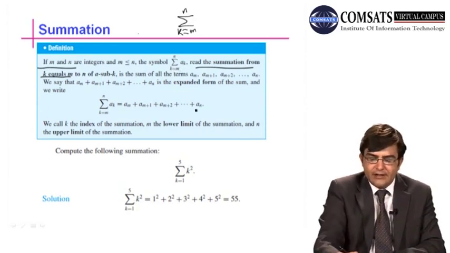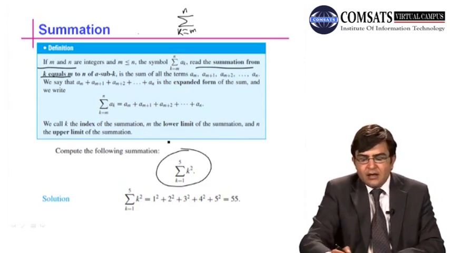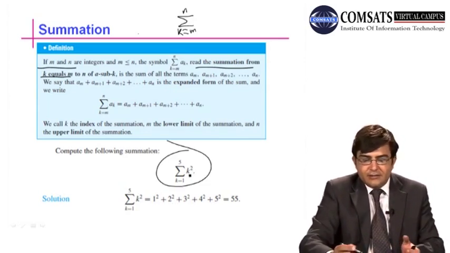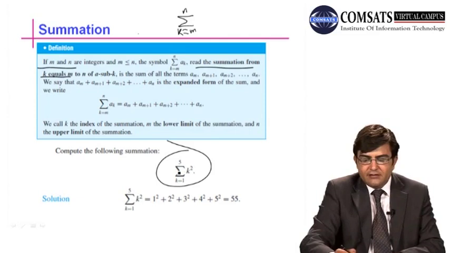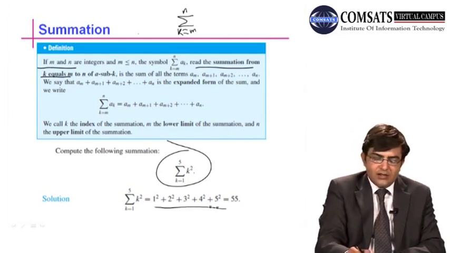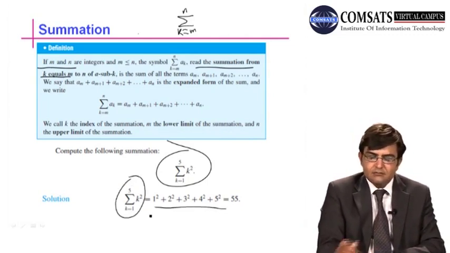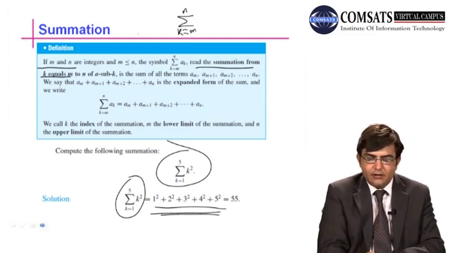For example, if we have the sum over k from 1 to 5 of k square, it means we put k equal to 1 here, plus k equal to 2 here, plus k equal to 3, plus k equal to 4, plus k equal to 5. What does it mean? This means this. It means summation k from 1 to 5 of k square.